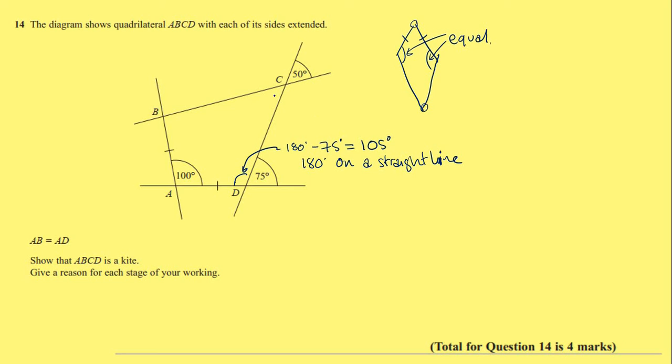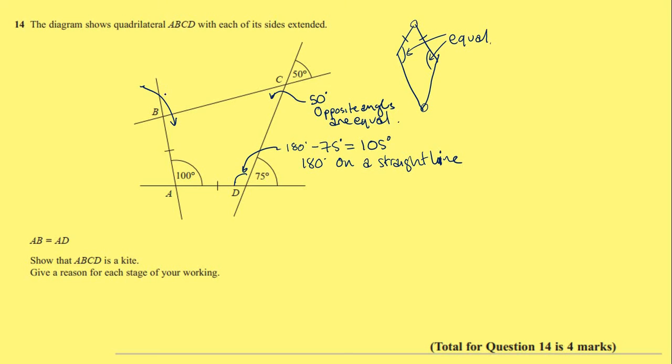Next, up here, that is going to equal 50 degrees, and because these are opposite angles, opposite angles are equal.